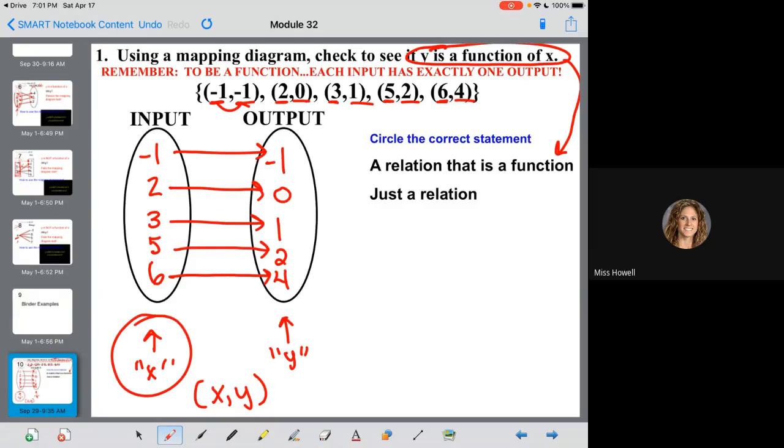If each of those only has one arrow, then it is y is a function of x, or it's a relation that is a function. So -1, 1 arrow, 1 arrow, 1 arrow, 1 arrow, 1 arrow. Boom, this is a pass. Y is a function of x, which means this is a relation that is a function, right? That would be the correct conclusion to circle down there below.